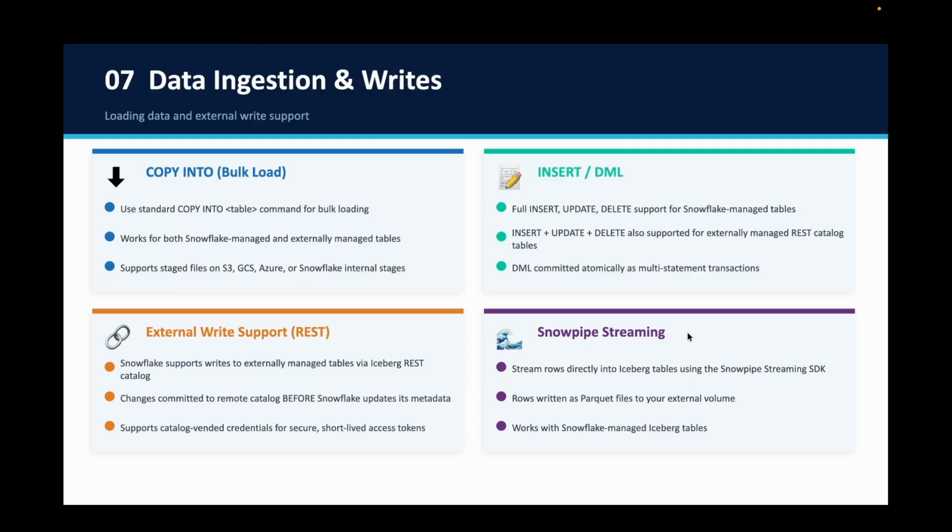Typically, when you stream data today, it would work only with Snowflake managed Iceberg tables. With this, we have covered how to create an Iceberg table, both managed and externally managed, and also how to ingest, discussing ingestion patterns like copy into, insert DML, external write support via REST catalog, and Snowpipe streaming.